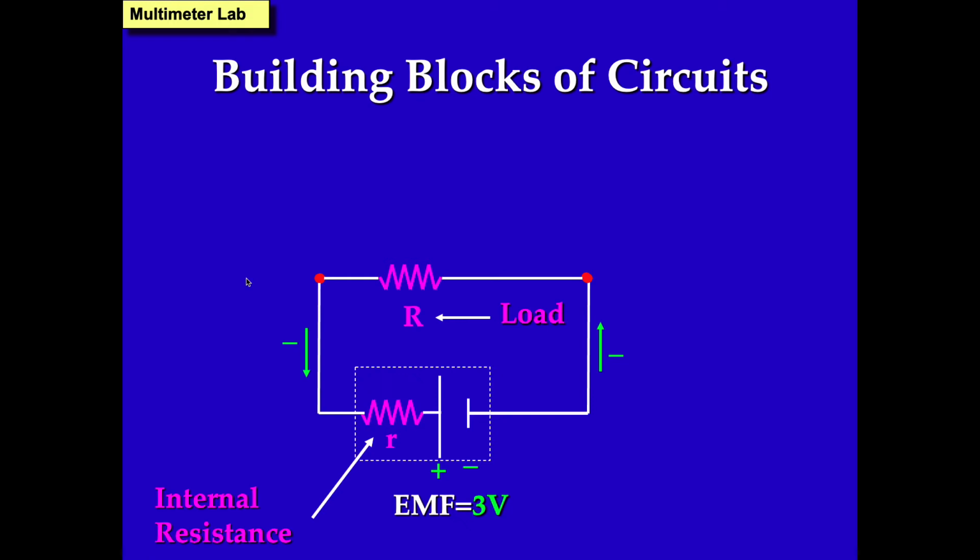So a lot of times when somebody draws a circuit diagram and they want to denote a more accurate version of the battery, they will draw an internal resistance with a little r. It doesn't mean there's a real resistor in your battery. That represents the effect the chemical properties has in the battery. It acts as if it's drawing some energy and not giving the full 3 volts to your load.